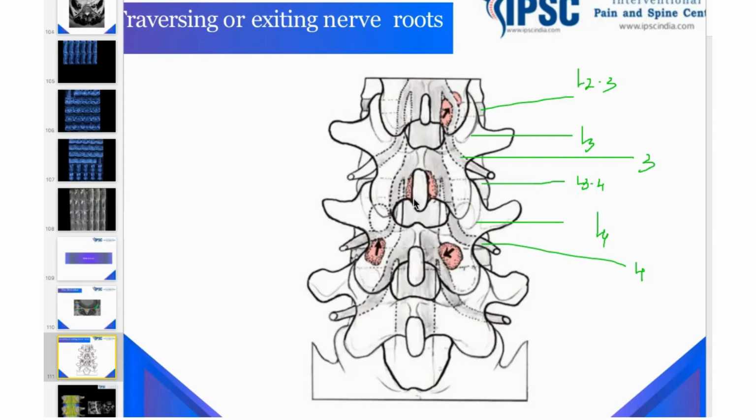Now if we talk about this herniation, it's a purely central herniation. Purely central herniation will spare the exiting root also, will spare the traversing root also. It will compress the thecal sac with all the nerve roots inside. Understood? Okay. So what type of herniation is this?